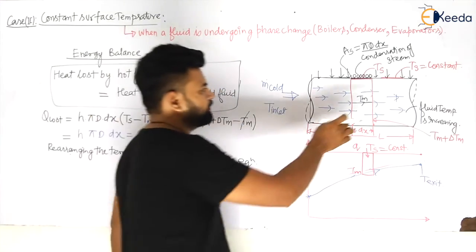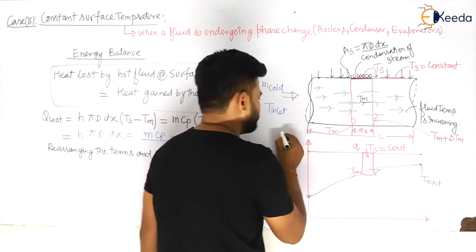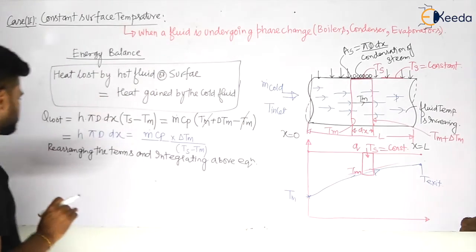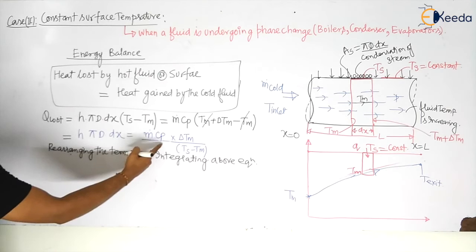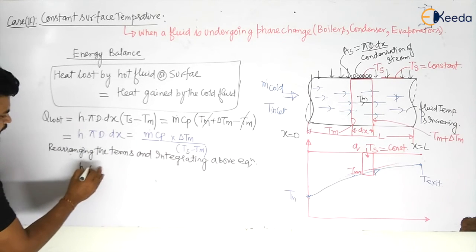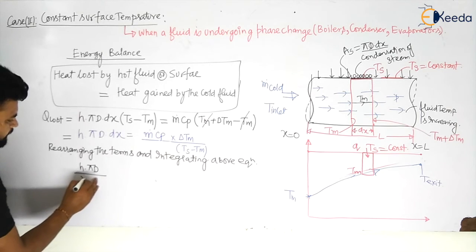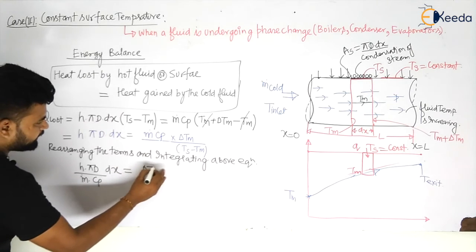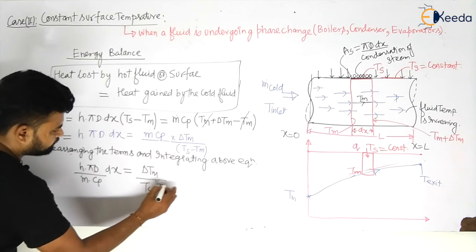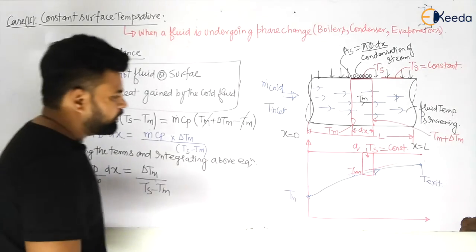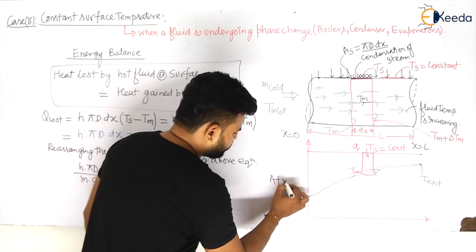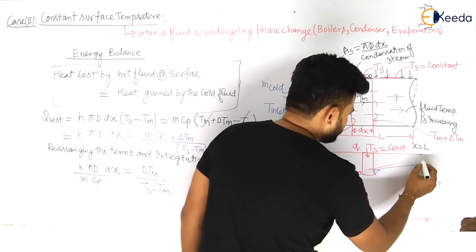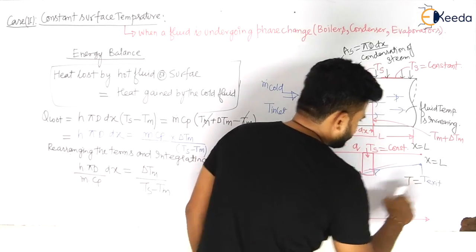What I have to integrate is the element dx, from x equal to 0 to x equal to L. So this will become h into pi d divided by m dot Cp, multiplied by dx, equal to delta Tm by Ts minus Tm. What are the boundary conditions? At x equal to 0, T is equal to Ti. At x equal to L, T is equal to T exit.